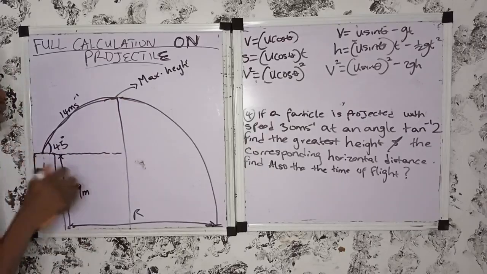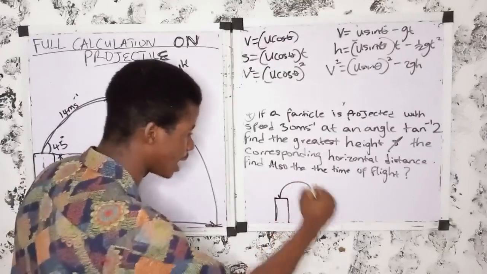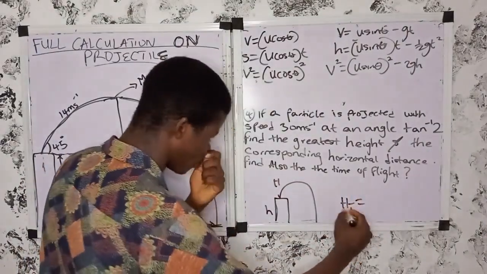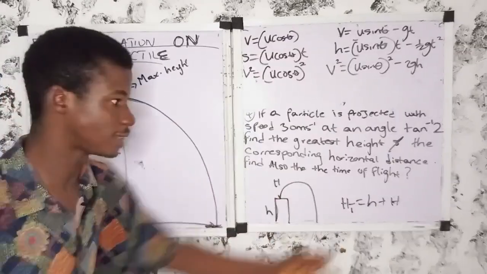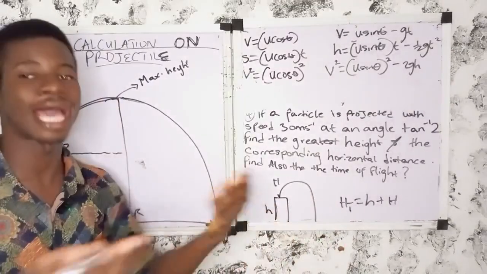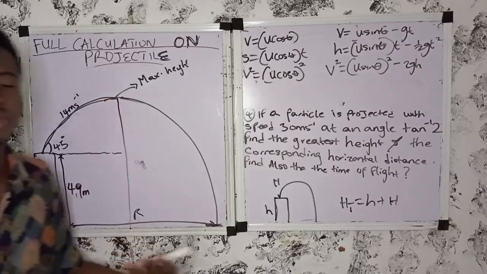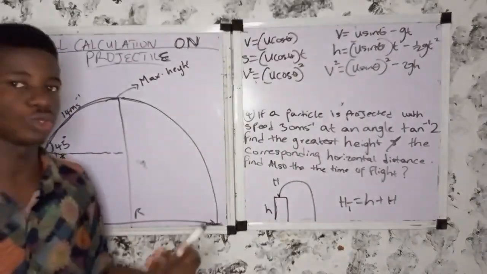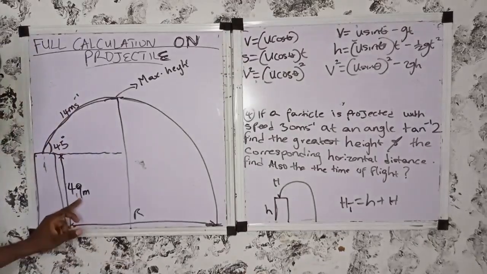It's just like the scenario I drew recently: the total height will be the height of the tower plus the height from the tower to the maximum height. So they are telling us to look for the total height, or you can say the maximum height. That's what we are going to do. We have already gotten our H.